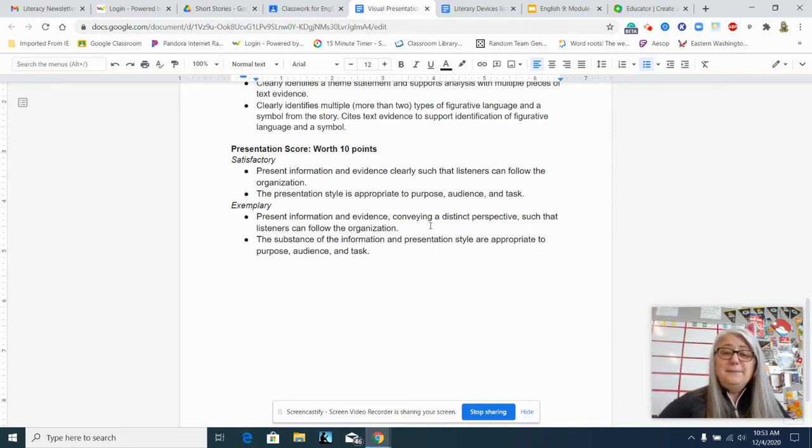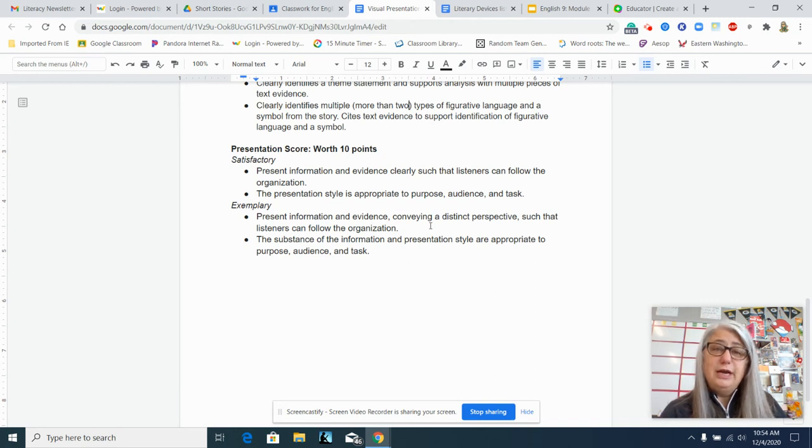And then the substance of your information and your presentation style are appropriate. That means what you've included in your presentation, the substance of it. When you're looking for evidence, are you finding the best, most relevant pieces of evidence?